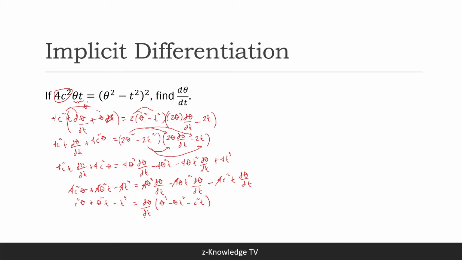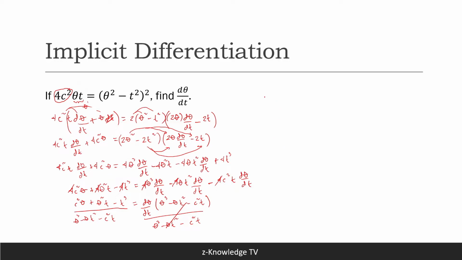Okay, so divide both sides natin by theta cube minus theta t squared minus c squared t. So, para makancel yun at maiwan nag-iisa yung d theta over dt.